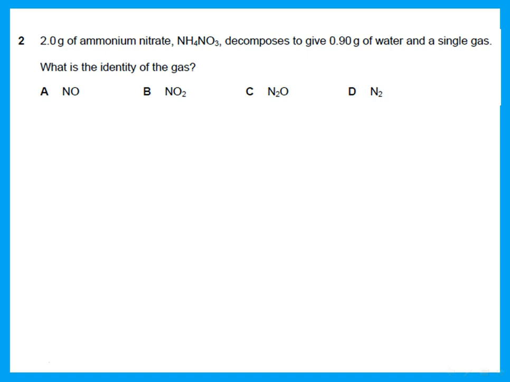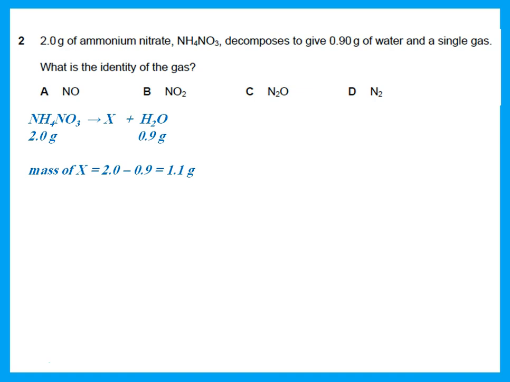Then he says 2 grams of ammonium nitrate decomposes to give 0.9 grams of water and a single gas. What is the identity of the gas? So he's saying I have ammonium nitrate. It is breaking up to form something that he calls, for example, X plus water.